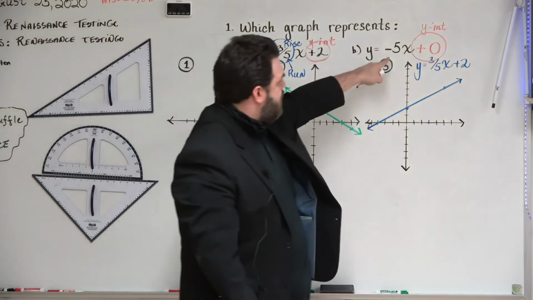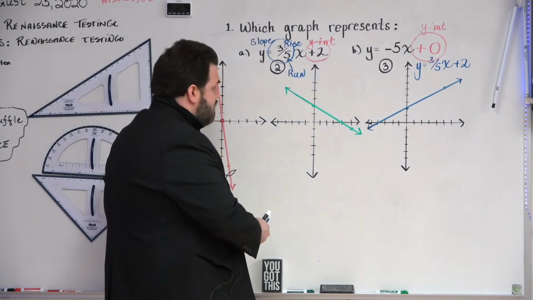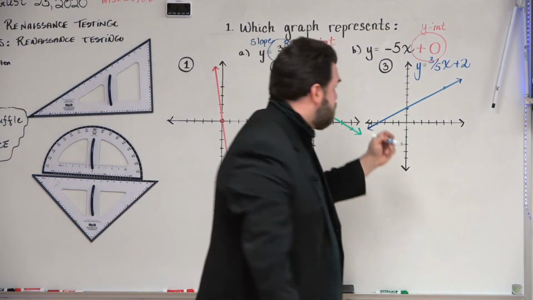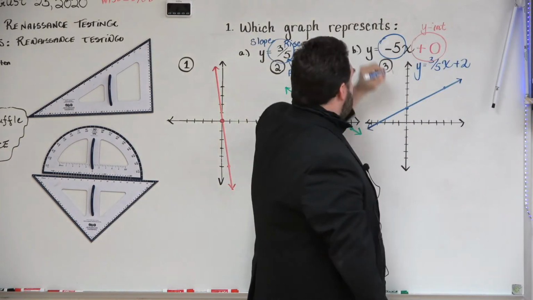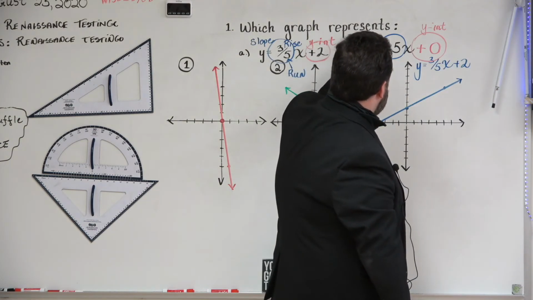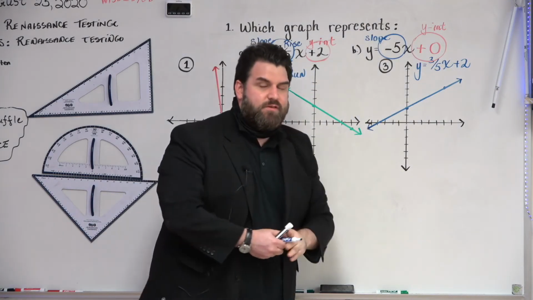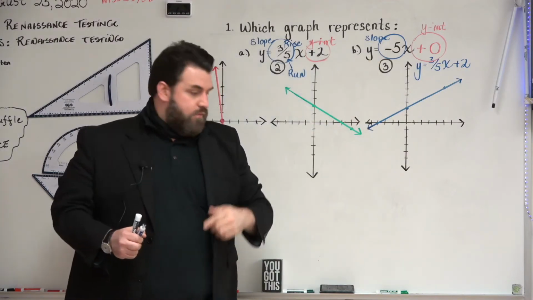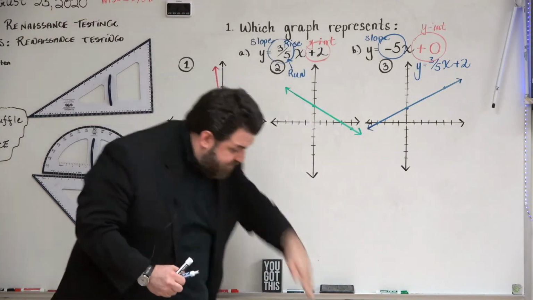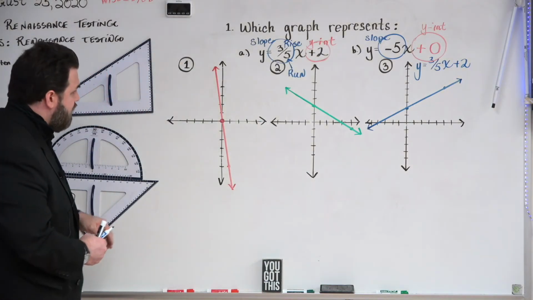But let's look here at the slope. The slope is negative 5. Now, that means we're looking for a graph, because it's negative, that goes down from left to right.